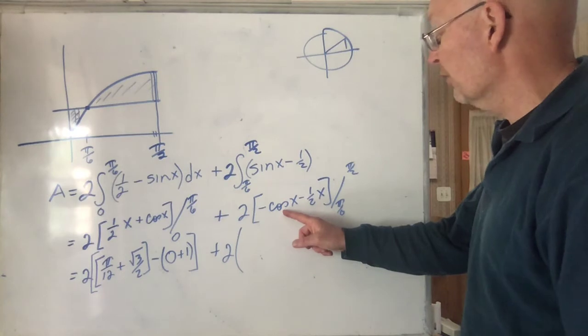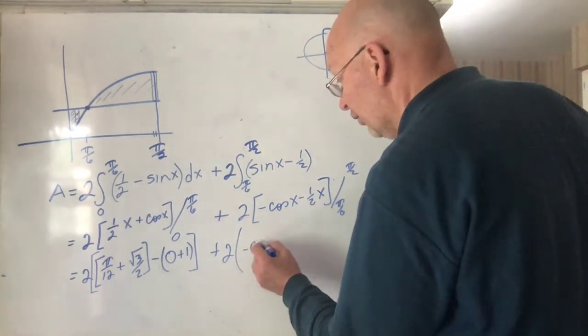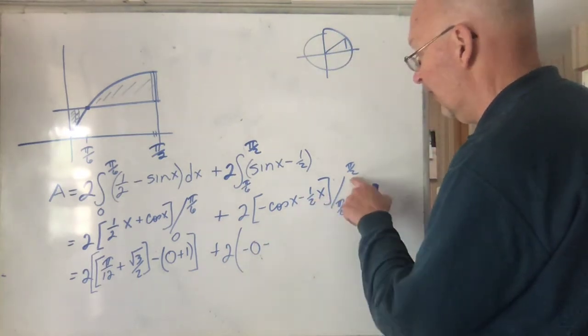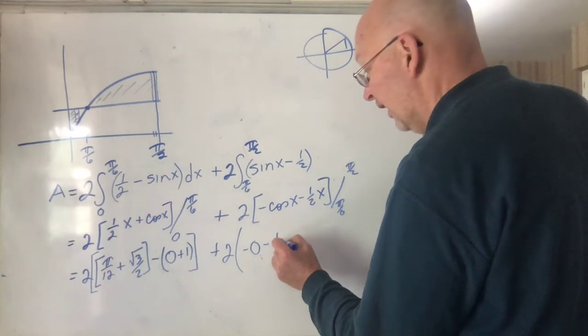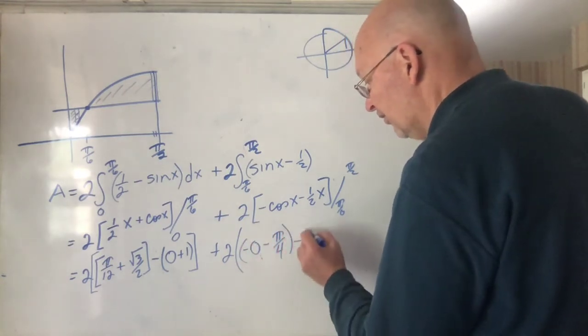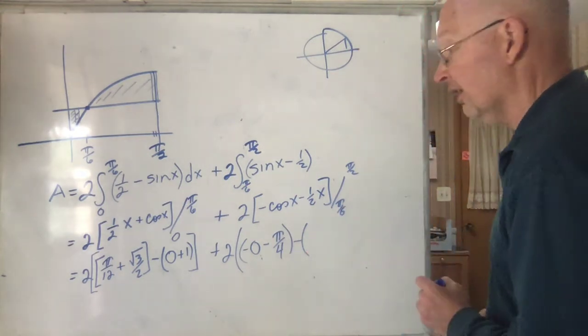Cosine of pi over 2 is 0, so that's going to be negative 0, minus pi over 2 in here, you're going to get negative 1/2 times pi over 2, which is negative pi over 4. Subtract, put in a pi over 6 there.